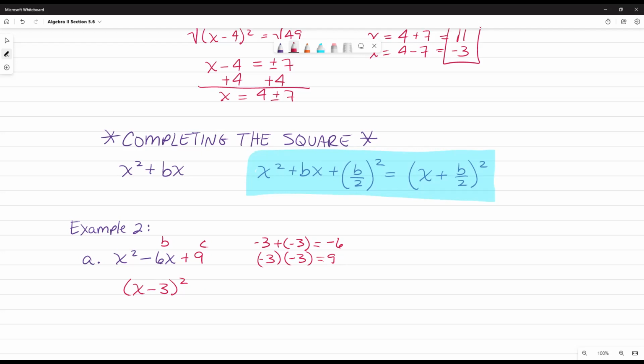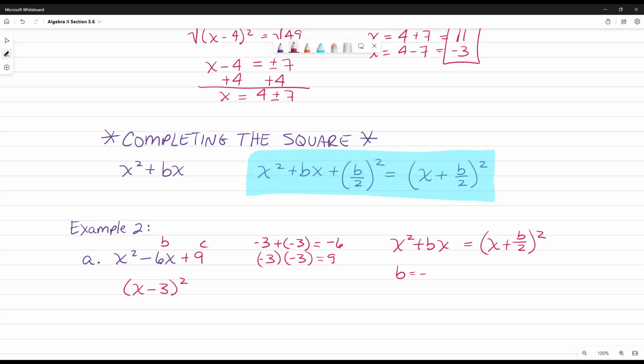Let's use their formula. They're saying if we have x squared plus bx, that gives us our perfect square, which is (x plus b divided by 2) squared. So x squared is your variable. It's always a variable. It'll stay that way, whatever letter they use. What's b in this example? What's our b? -6.